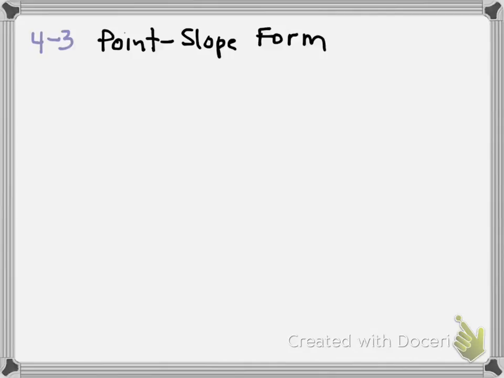What else have we talked about sometime in this unit of study that dealt with points and slope? Okay, this isn't about graphing. It's another form that you needed points and you had slope.